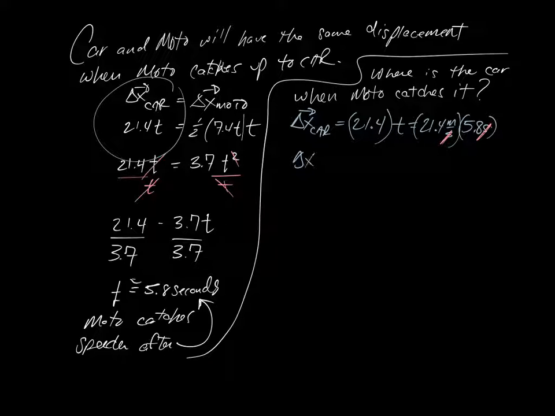And when the dust settles, you're left with about 124 meters. Now that's the displacement of the car, but that's also the displacement for the moto when the motorcycle catches the car. And if they both start at 0 position, that's also their position when the moto catches the car.